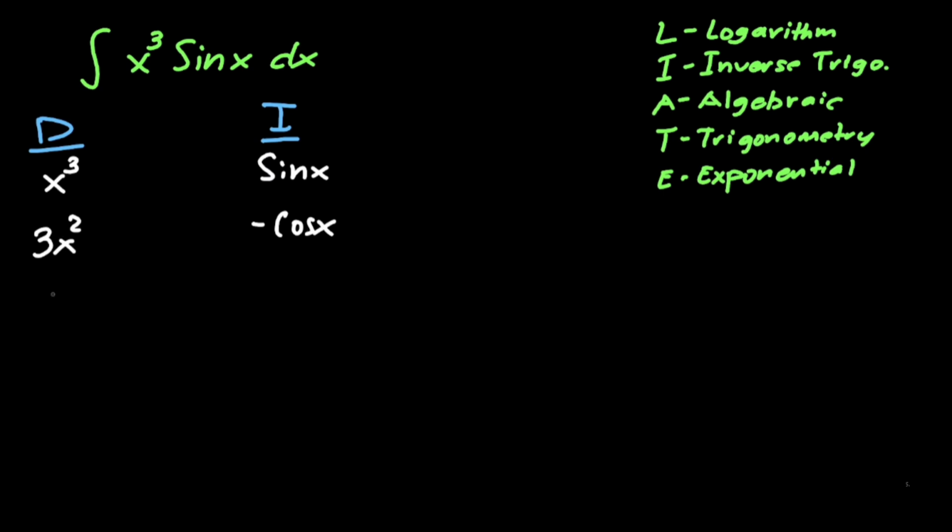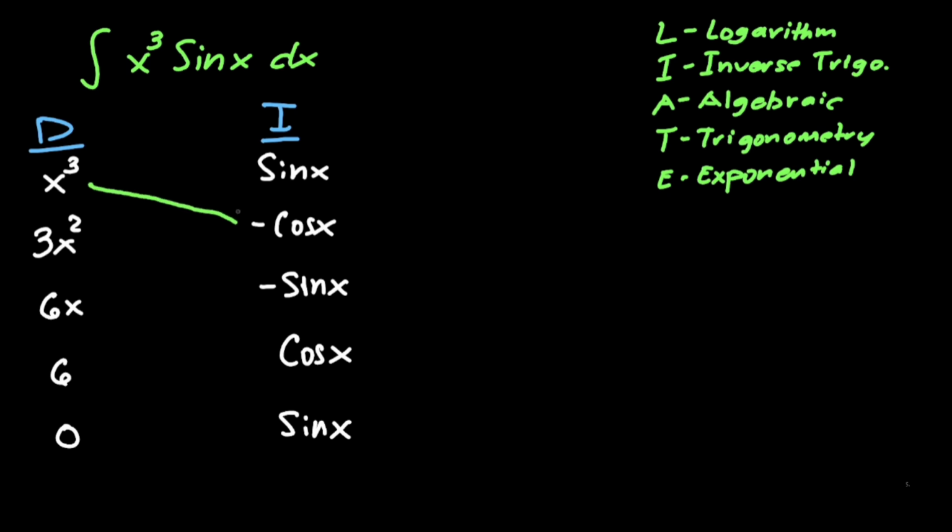Derivative of 3x squared is 6x. Derivative of negative cosine of x is negative sine of x. The derivative of 6x is simply 6, and the integral of negative sine of x is positive cosine of x. Derivative of 6, which is a constant, is 0. The integral of cosine of x is sine of x.